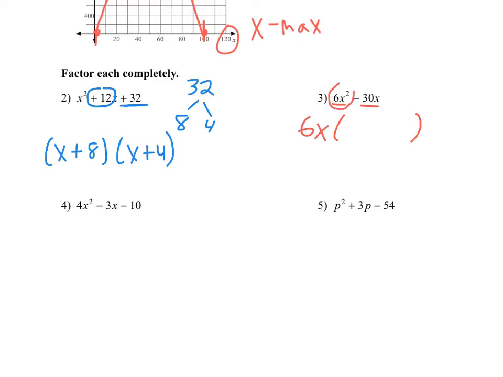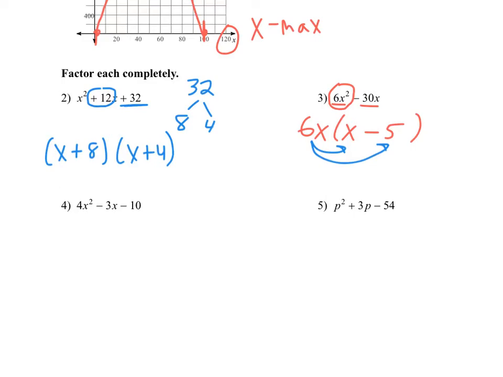To get 6x squared, if we only had 6x on the outside, I would need another factor of x, because if you distribute 6x times x, you'll get 6x squared. And then to get the minus 30x, if I have a 6x out front, I would just need to multiply by a minus 5, because the 6x distributing to the minus 5 would get us minus 30x, and that's always a way to check it. So that would be the final answer there.